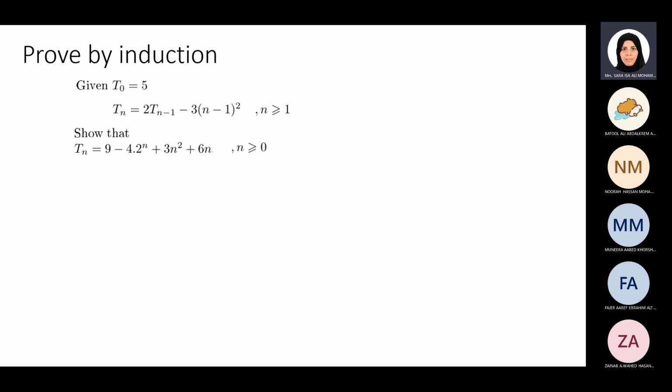One of the common mistakes made by students is when they decide what the base case is. My base case is when n is equal to 0. Why? Because this is my question. Here it says n is greater than or equal to 0. One of the common mistakes is that students assume n is equal to 1, and this is incorrect.